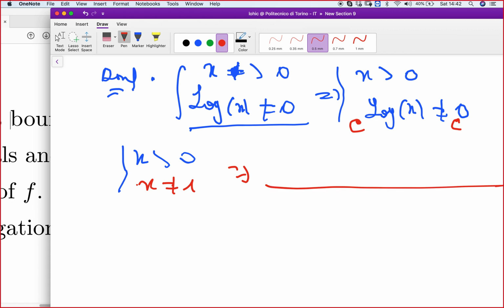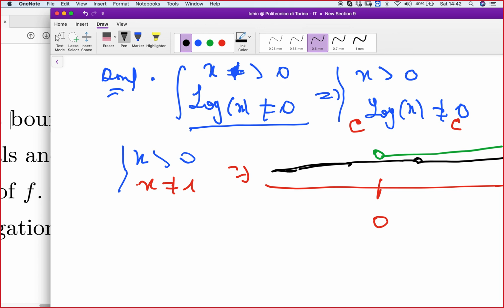Let's draw the two conditions to get our domain. x strictly greater than 0 is from 0 to plus infinity, right? x should not be 1 means all the possible values except 1. This is 1.